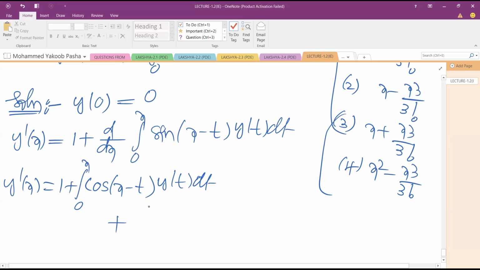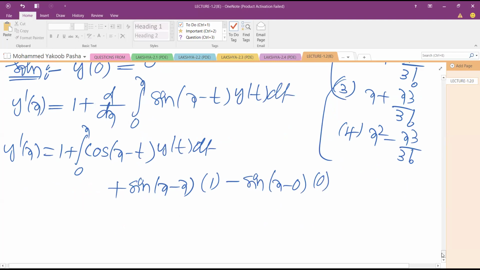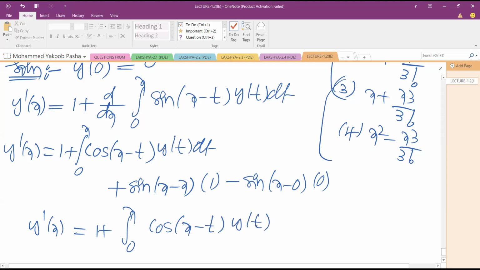Plus, replace t by the upper limit: sin(x minus x), and differentiate the upper limit, that is 1. Minus, replace t by the lower limit: sin(x minus 0), and differentiate the lower limit, that is 0. So y dash of x is equal to 1 plus integral 0 to x cos(x minus t) y of t dt.